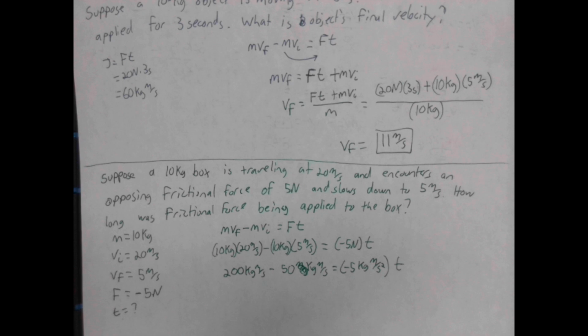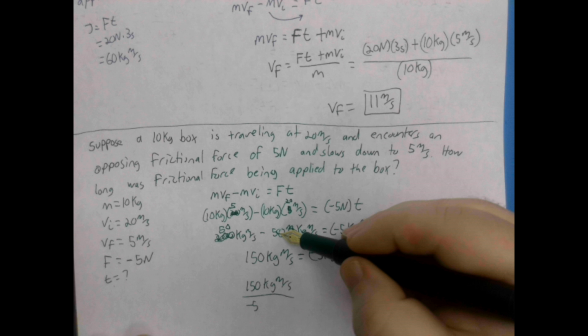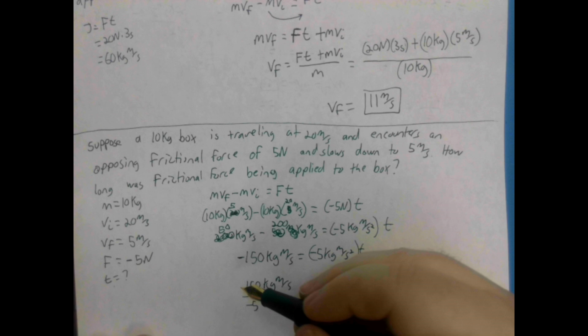And I made a mistake. The mistake is 20 is the initial. That should be 20. Final is 5. So 5 times 10 should be 50 here. 10 times 20 should be 200 here. 50 minus 200 is negative, so we should get negative 150.